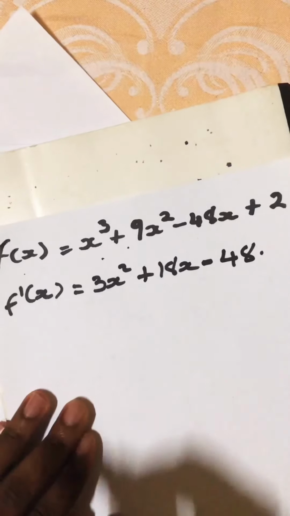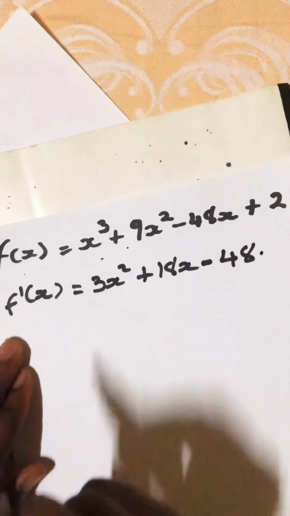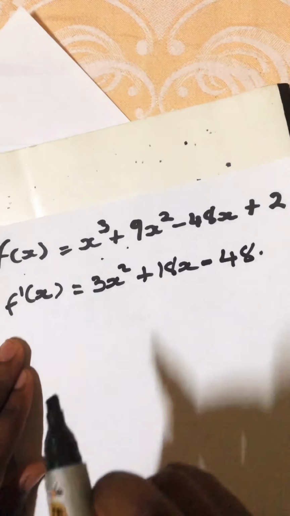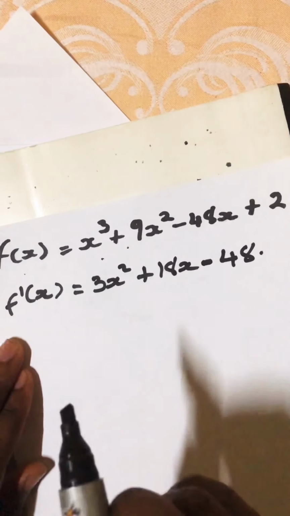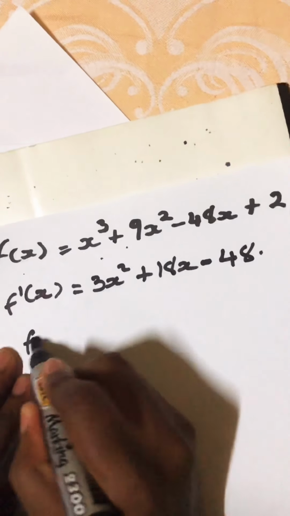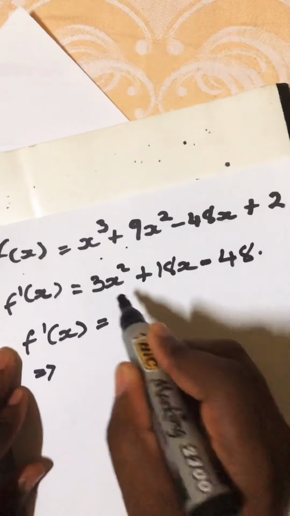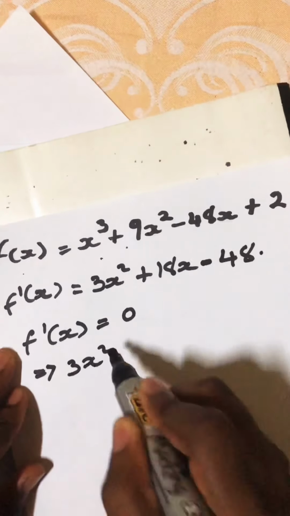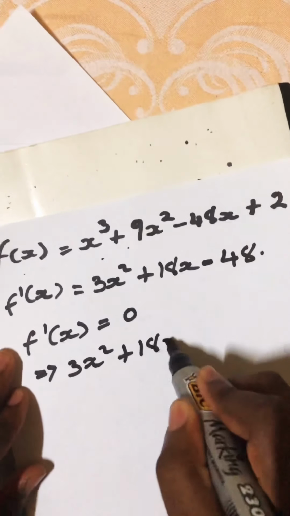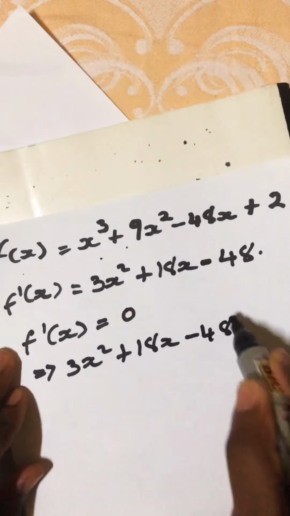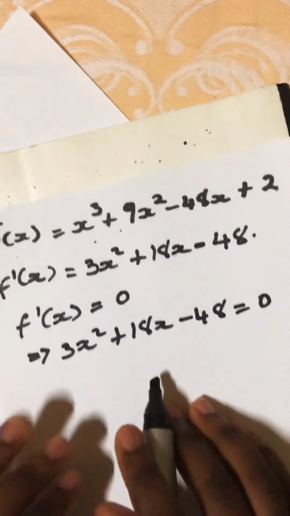This is our derivative. Now, from our question, it says the gradient doesn't change. So it implies f prime of x equals 0, which implies 3x squared plus 18x minus 48 equals 0.